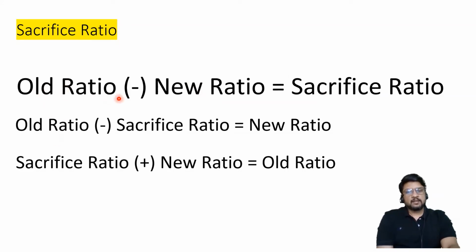So OR minus NR is equal to SR, or OR minus SR is equal to NR, or SR plus NR is equal to OR. These are the 3 points to be kept in mind for the purpose of understanding. This is a very important equation: old ratio minus new ratio is equal to sacrifice ratio. Repeating for the last time, old ratio minus new ratio is equal to sacrifice ratio. I hope it is clear to all of you.